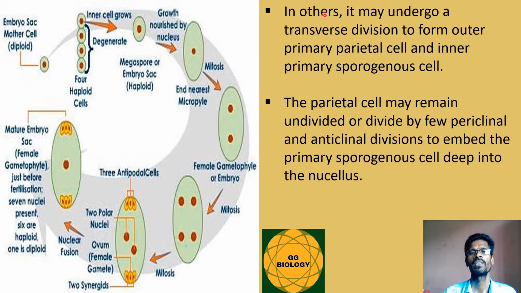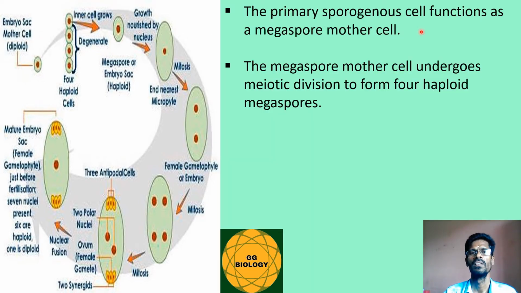So the primary sporogenous cells function as the megaspore mother cells. The megaspore mother cell undergoes meiotic division to form 4 haploid megaspores.